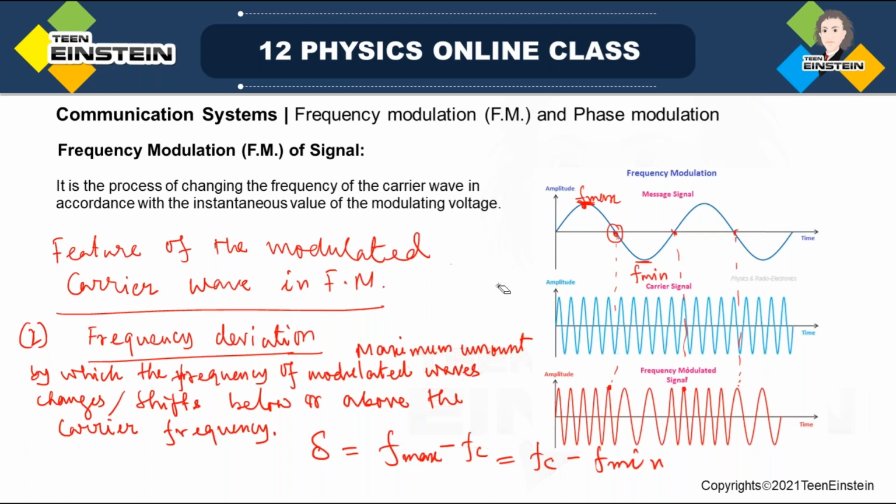Now the deviation of the modulated wave is proportional to the amplitude. That is obvious, right? Because f maximum or f minimum depends on the amplitude of the signal. So deviation is directly proportional to the instantaneous value at each point. Here it is maximum, here it is minimum, here it is 0.